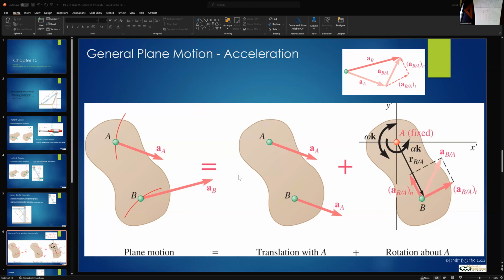The big difference you notice is that instead of just having a velocity of B relative to A in this picture, you have an acceleration of B relative to A, but you have it in two dimensions, normal and tangential.